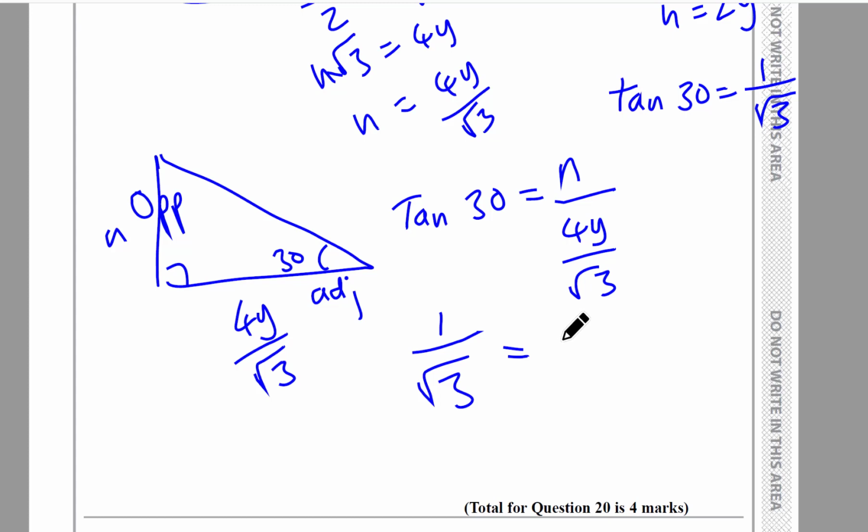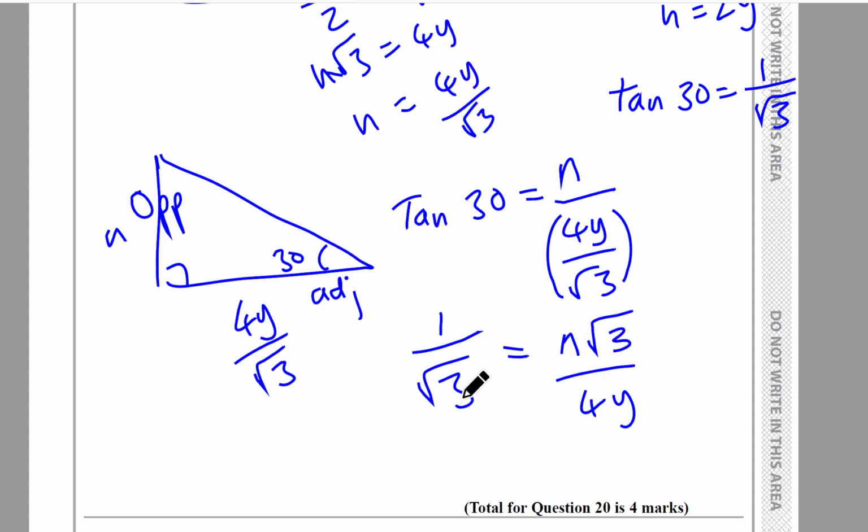So that's right. If I write this another way, because when you divide n by 4y over root 3 like this, you know it's keep, change, flip, so I'm going to write this as n root 3 over 4y. This is what it would be.